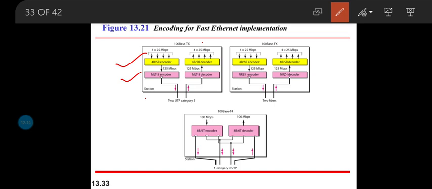So we prefer MLT-3 as best suited for good utilization of the bandwidth, and we have implemented this using MLT-3. On the other side you have the MLT-3 decoder and the 4B/5B decoder.